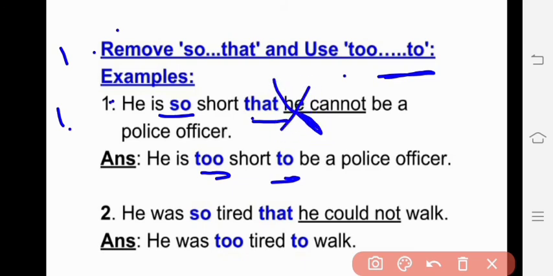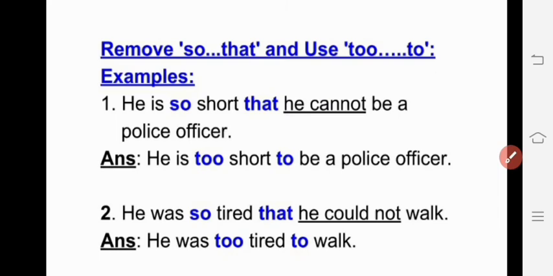Don't write the pronoun in a sentence with too or to. At the same time, remove the pronoun and remove cannot, could not, all this kind of word. Because when you apply so that sentences, you have to add cannot or could not to make it negative. But to itself is a negative formation, so that's why you have to remove not, cannot, could not. You should remove them and then write down the rest of the statement.